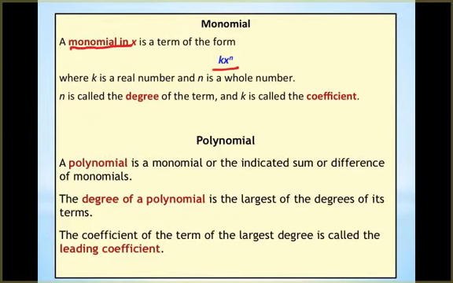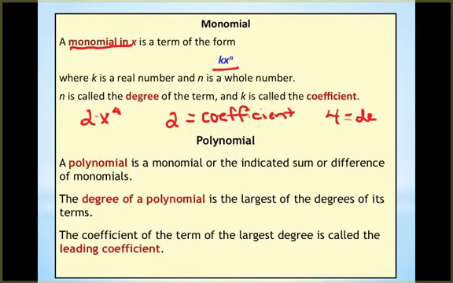As an example, if I had 2x to the fourth, the 2 is the coefficient. It's always going to be the number that's being multiplied by the variable. And the 4 is the degree. So we would say this is a fourth degree monomial.